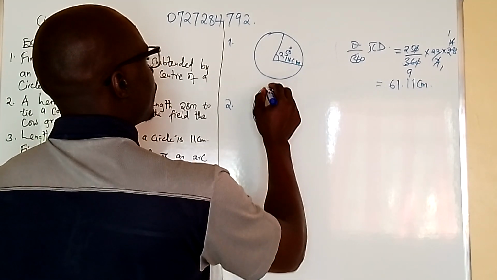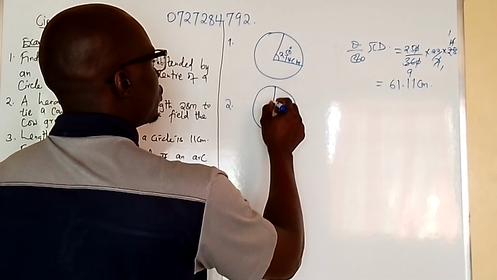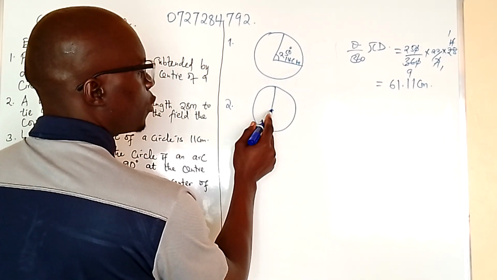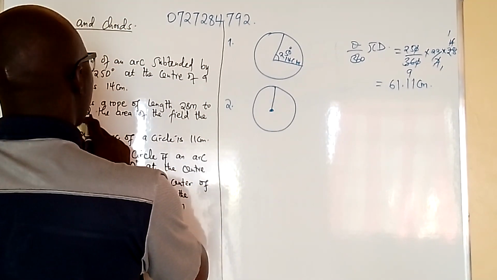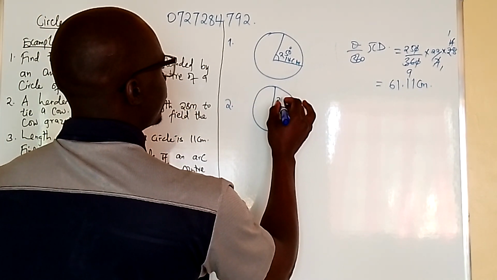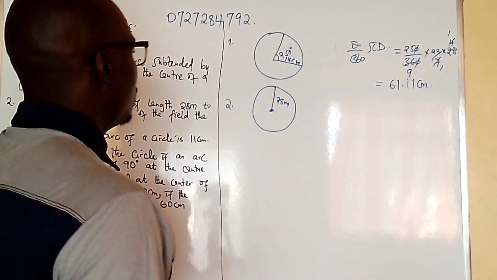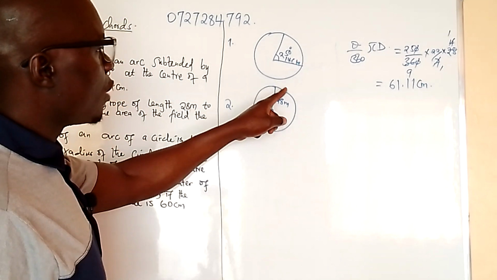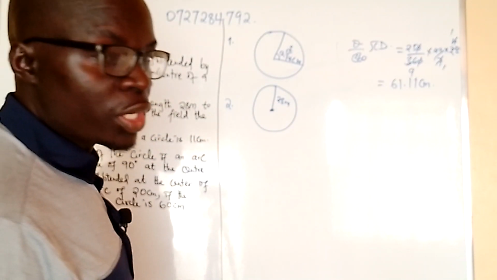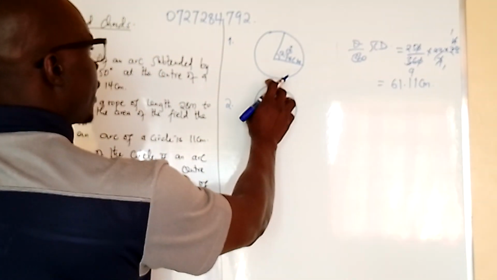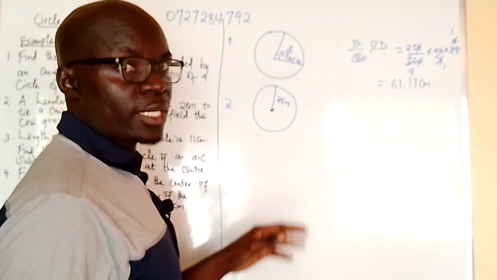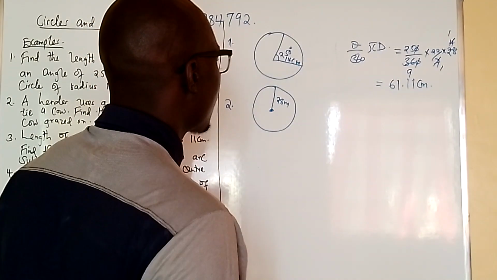If you have a cow, you tie the cow at this central point, and the length of the rope is 28 meters. This cow will graze along this circular path, meaning the cow will graze along this circular area. It is the only area which will be accessible for grazing by the cow.